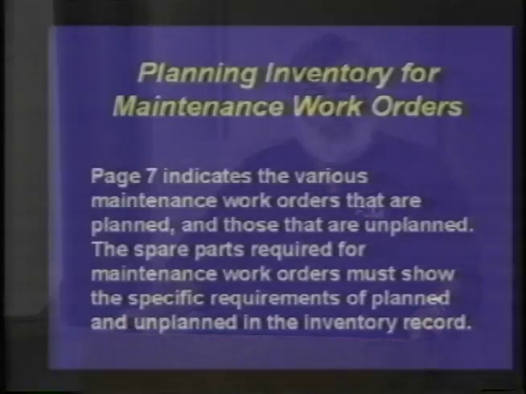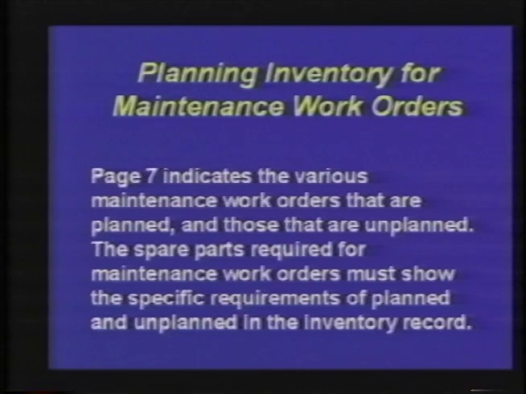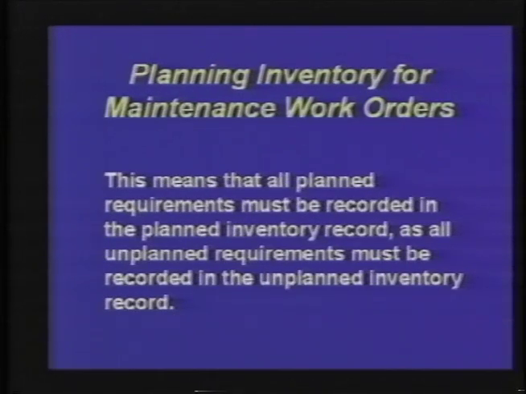Now, in page 7B, I'm addressing for you exactly what I had just gone through on page 7A. The first paragraph addresses what the various maintenance work order requirements are, that is planned and unplanned. The second paragraph addresses that the planned requirements must be recorded in the planned record, and the unplanned requirements must be recorded in the unplanned record.